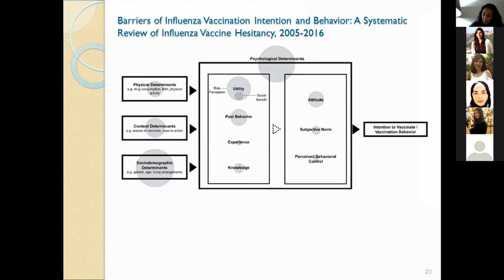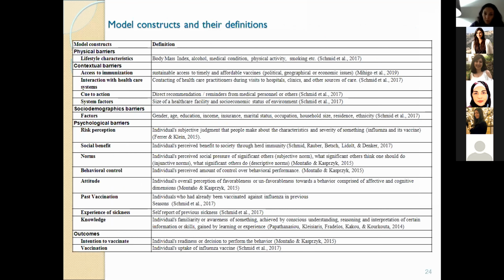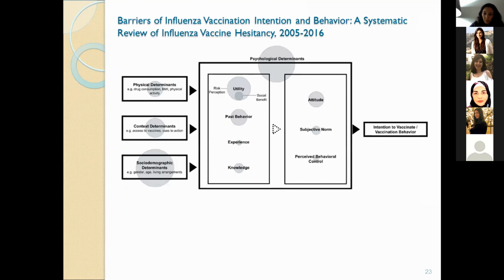This is their model. They listed their determinants under either a physical barrier or physical determinant, or a contextual barrier, or a socio-demographic determinant. These three determinants influence a set of psychological determinants, under which you can find risk perception, social benefit, attitude, subjective norms, and the perceived behavioral control.